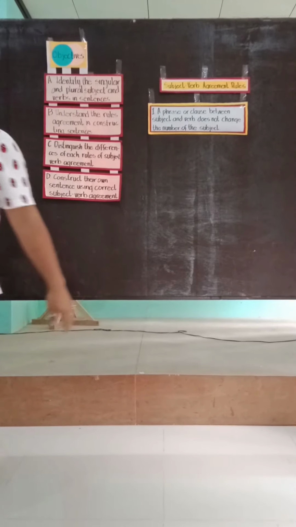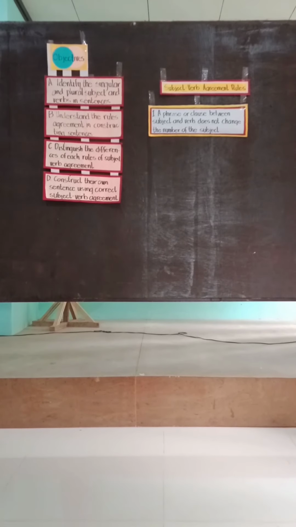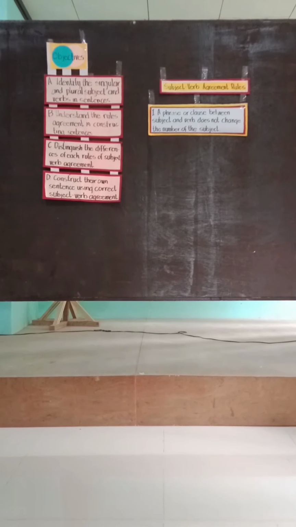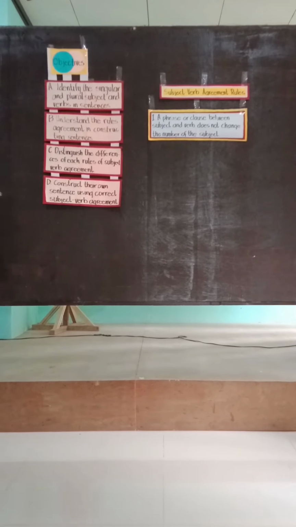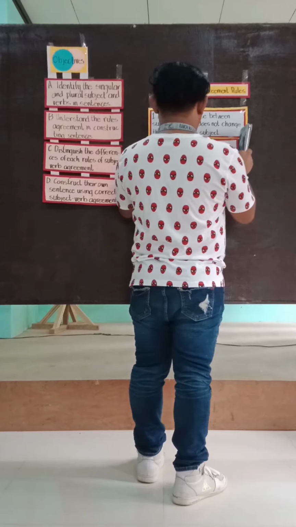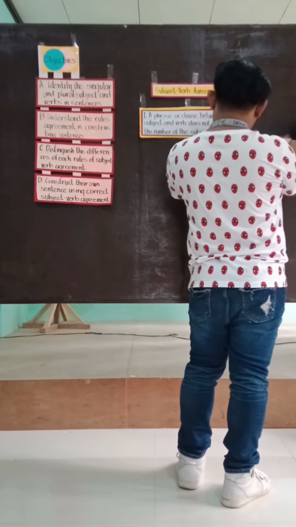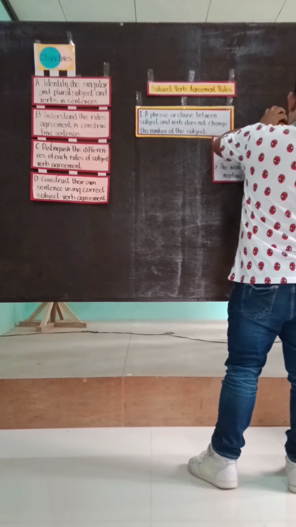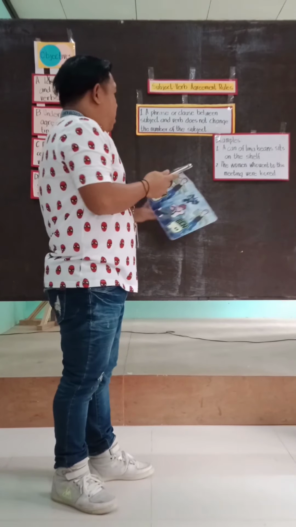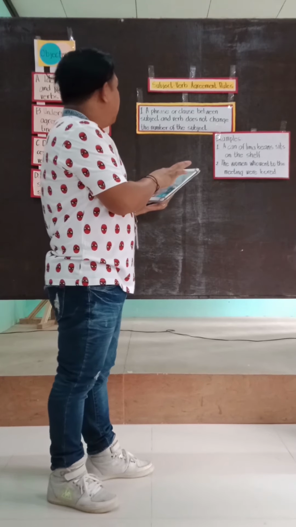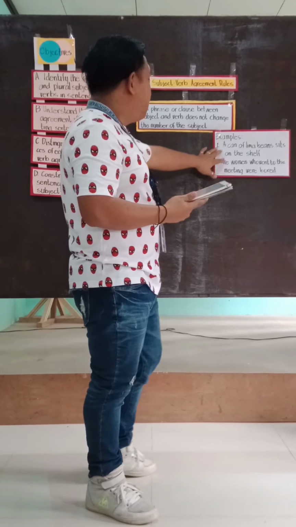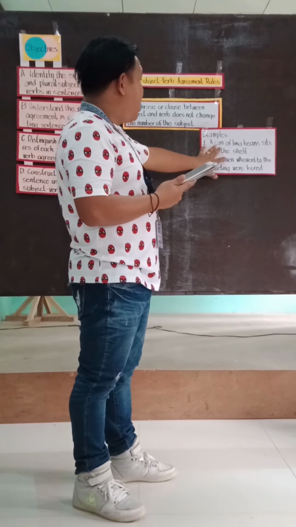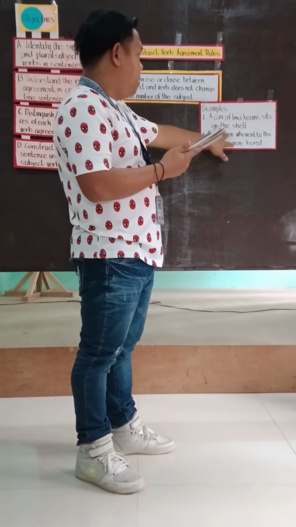I have some examples here. Example of the subject-verb agreement in the first rule. Example number 1: A can of lima beans sits on the shelf.